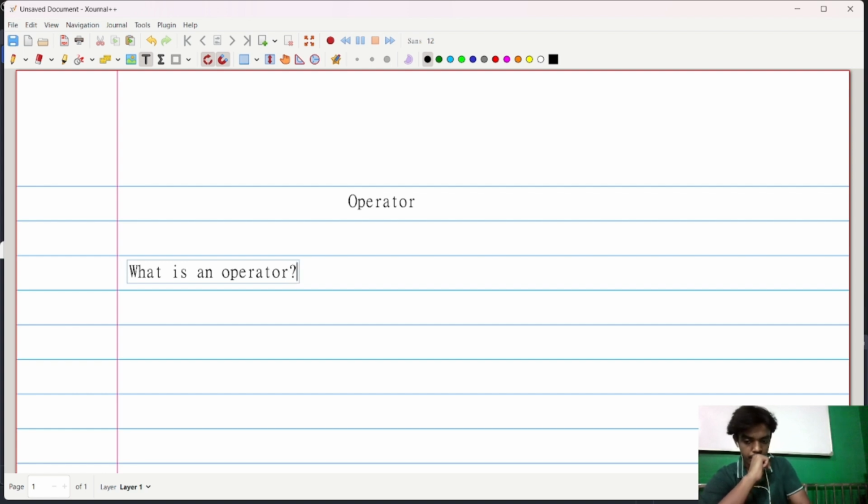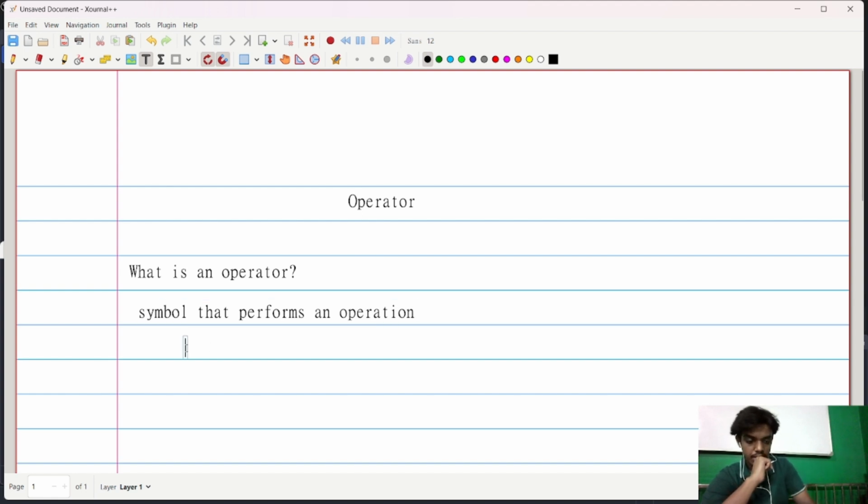An operator is a symbol that performs an operation.